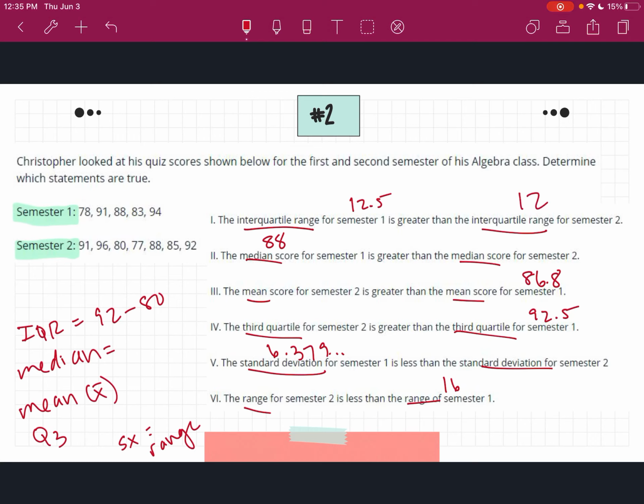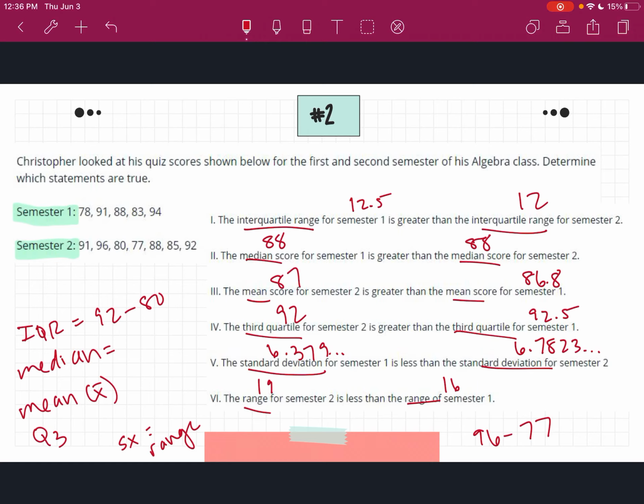The median was 88. Again, same number. The mean, you should have gotten 87 for semester 2. Third quartile was 92. Standard deviation, Sx, is 6.7823, etc. And then the range, the max was 96 and the min was 77. So 96 minus 77 would be 19.